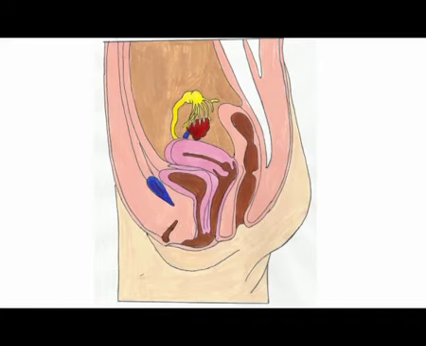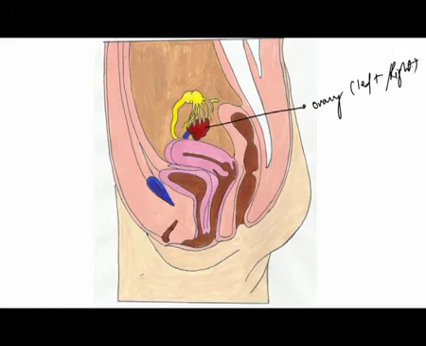Here the red mark is what we are calling the ovary, and this ovary is both left and right. So, we have the left ovary and the right ovary. The ovary is continued in the form of this tubular structure, which is called the fallopian tube.